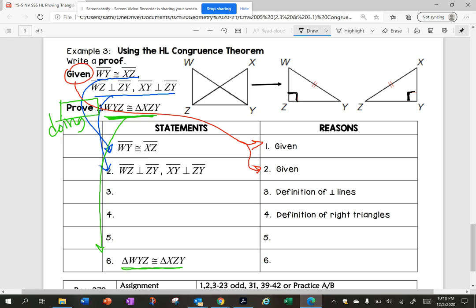So I would write that angle Z and angle Y are right angles. Okay, so all right angles are congruent. So then I can say angle Z is congruent to angle Y. That's the definition of a right triangle.